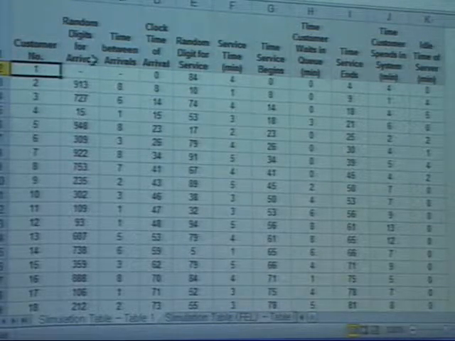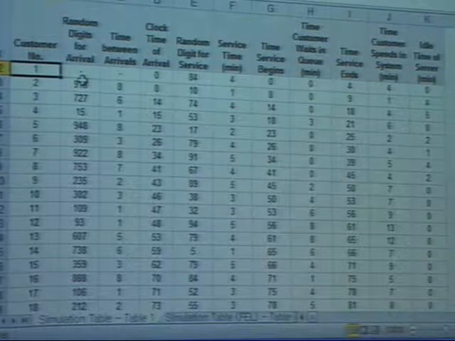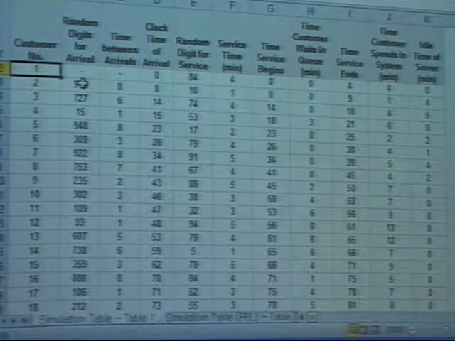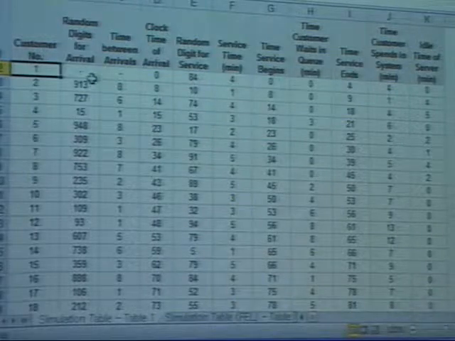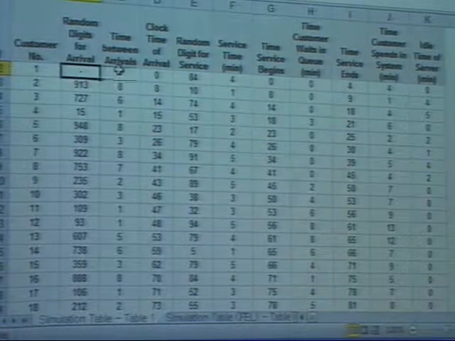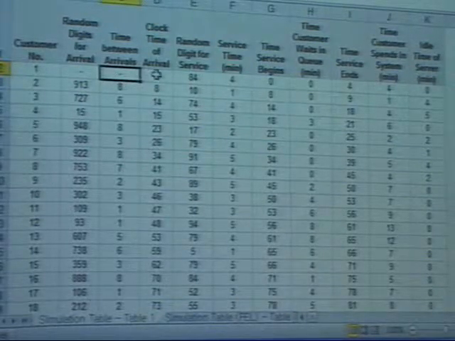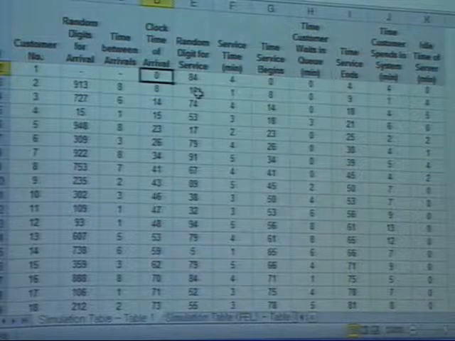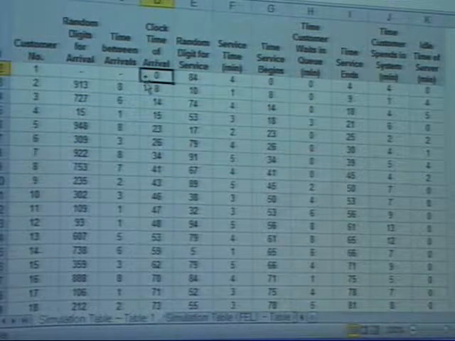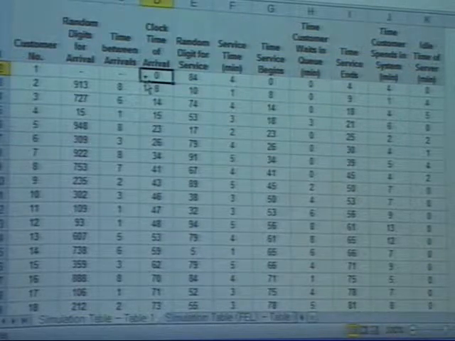If you assume that the first customer arrives when the simulation begins, we don't need a random digit for that, because we don't need any random number generation. So the clock time of the arrival of the first customer is 0 at the beginning.